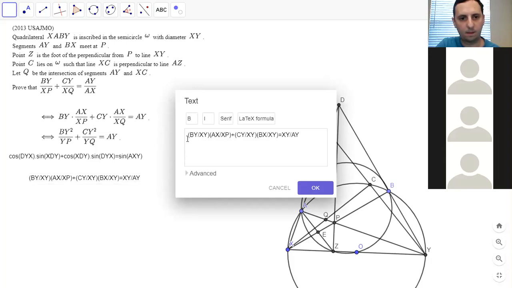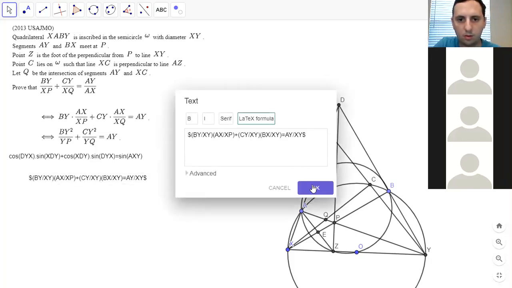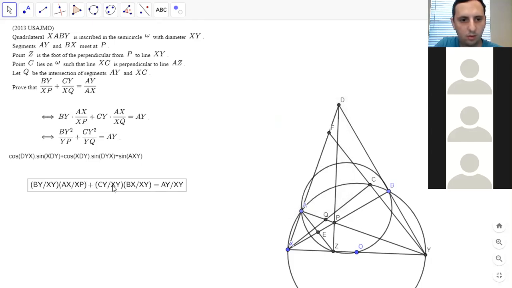You have a mistake. Sine ASY is ay over sy. Okay, ay over xy. And you had better write down as over sq instead of bs over sy.